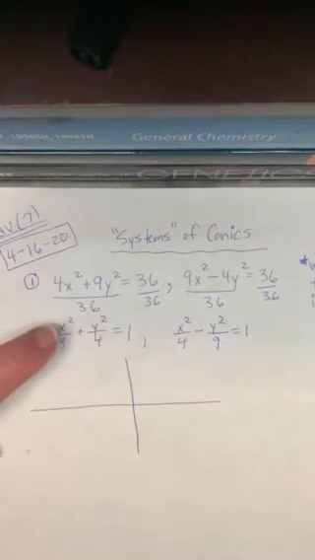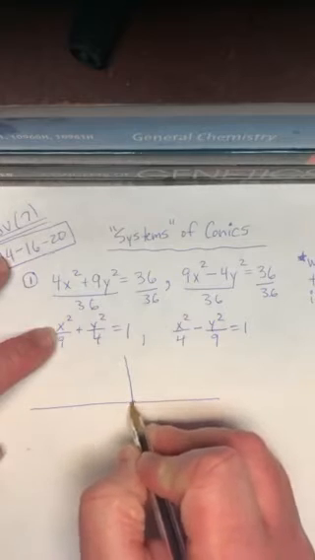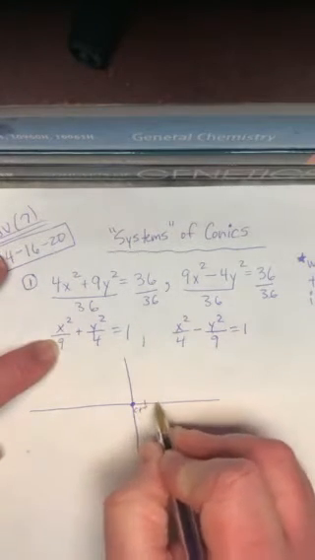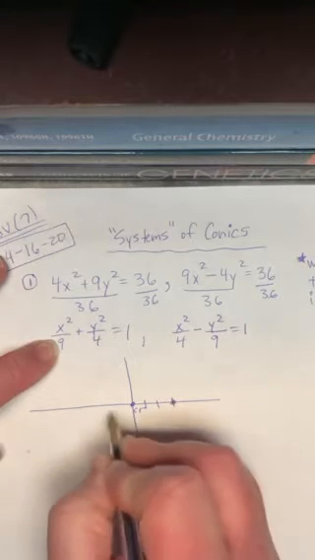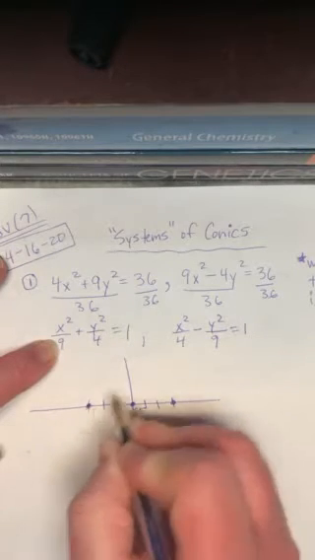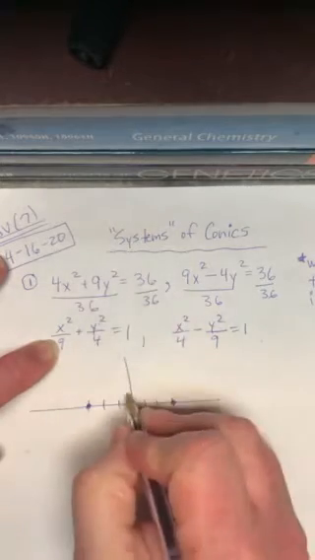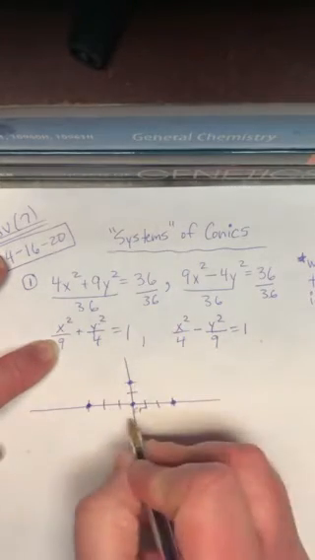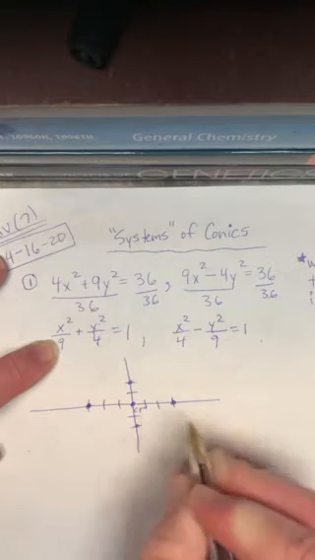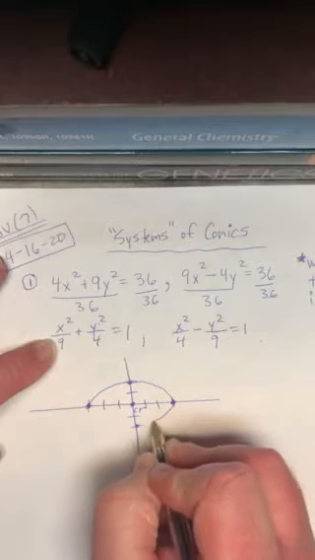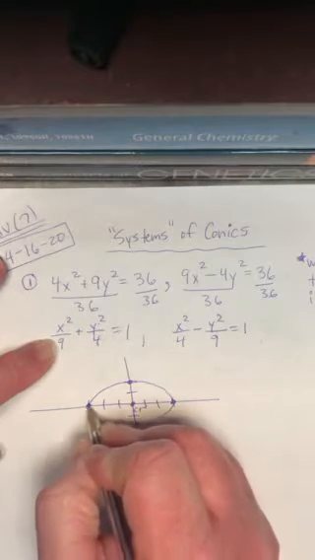So I've got an ellipse centered on 0, 0. The x squared has a 9 under it, so I'm going to go right 3 and left 3. The y squared has a 4 under it, so I go to the y-axis and go up 2 and down 2. And I draw a nice, neat ellipse, oval shape that looks like that.